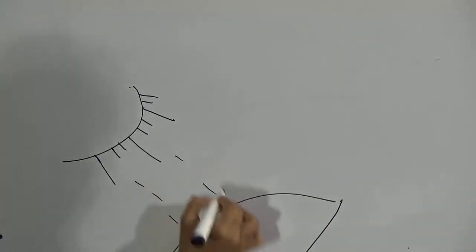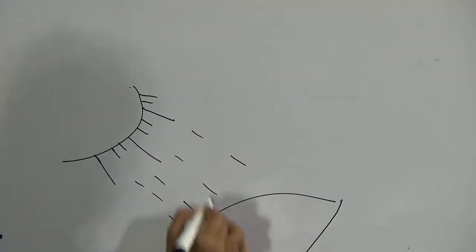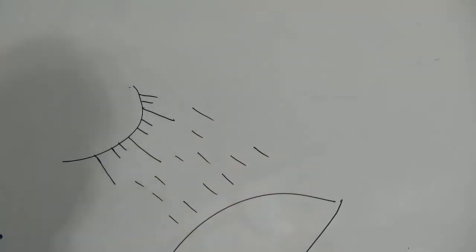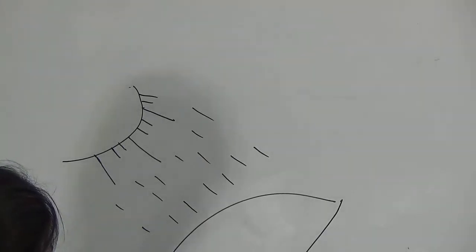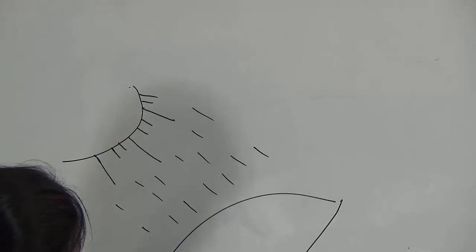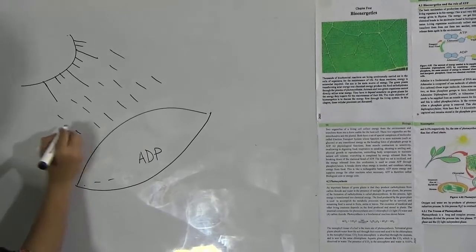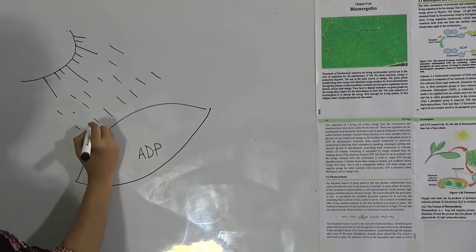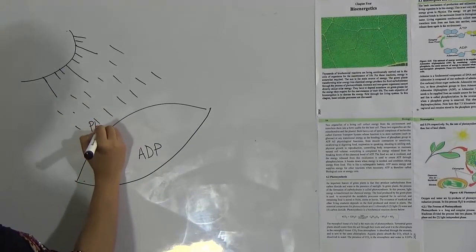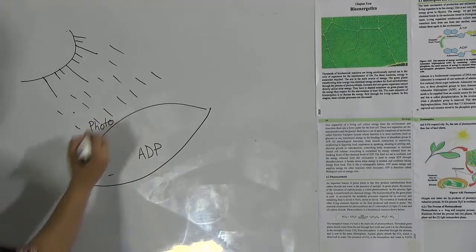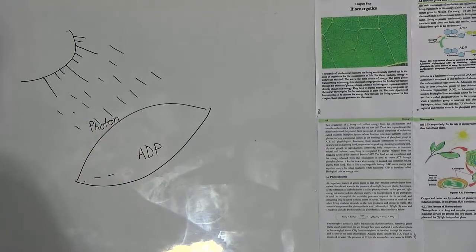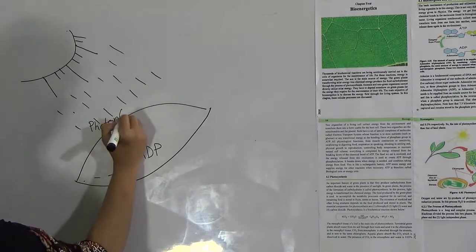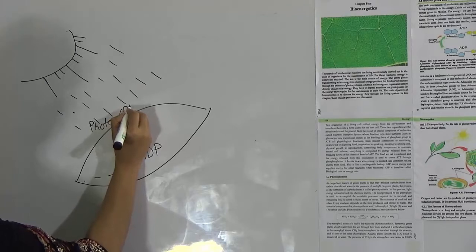How? From the sunlight, we all know. And in the leaf, the plants have the ADP, and the sunlight comes as photons. Sunlight comes as photons, and in the photon, sunlight has the inorganic phosphate.